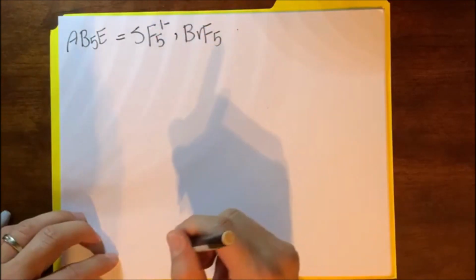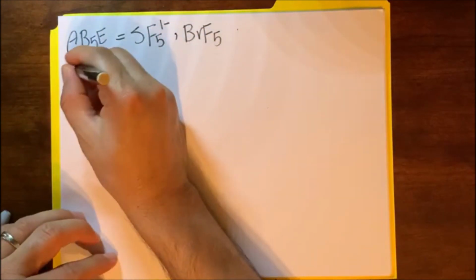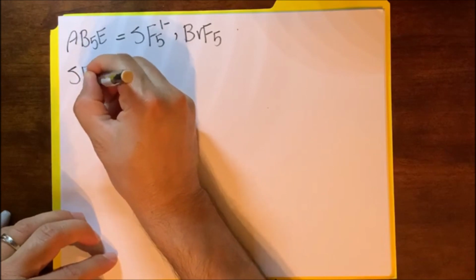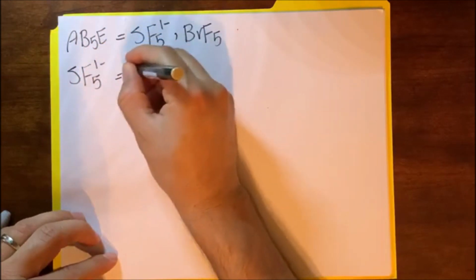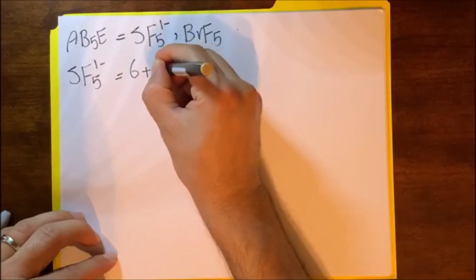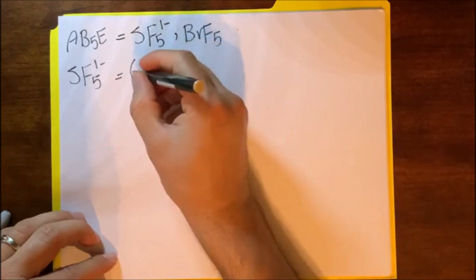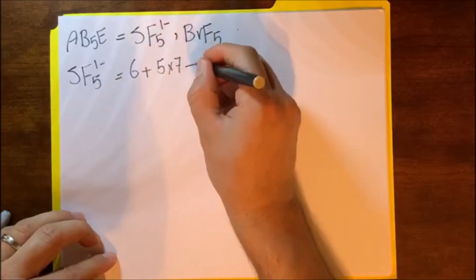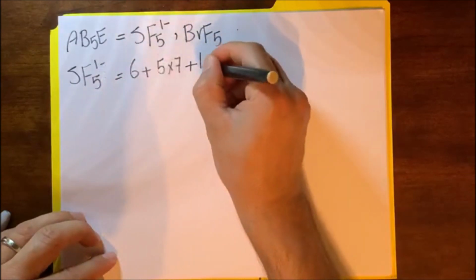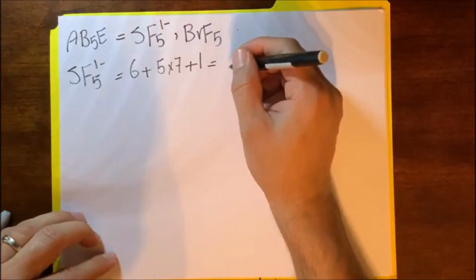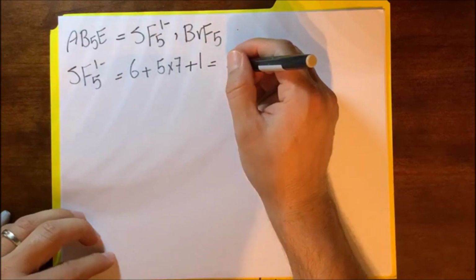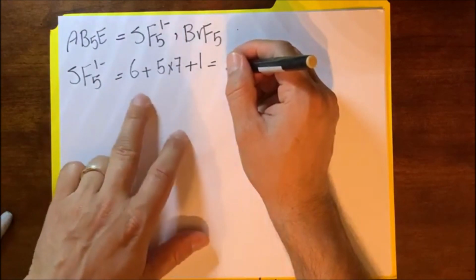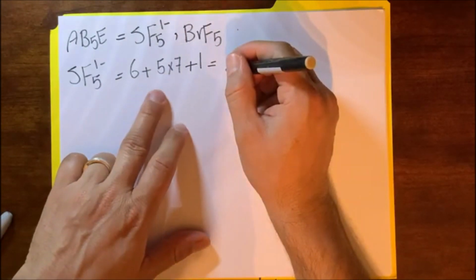So if we go with SF5 minus 1, so 6 for sulfur, 5 multiplied by 7 for fluorine, and we have 1 extra electron, so you will be dealing with 42.